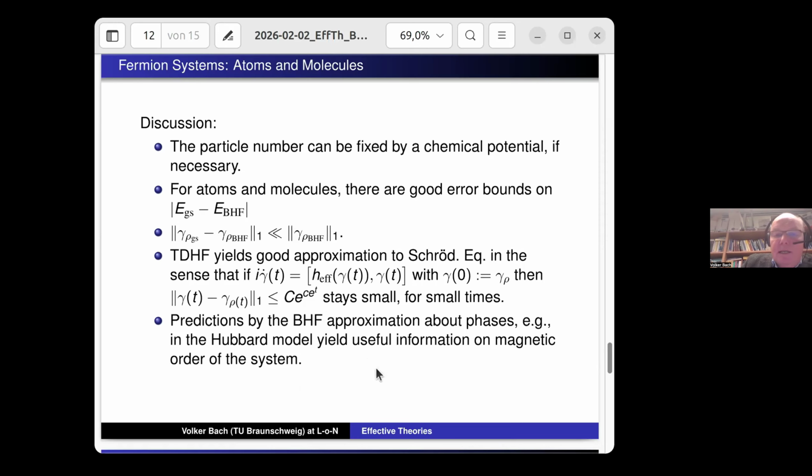So let me advertise a recent paper of Langmann and Jonas Lennartz, and then with other co-authors entering various papers, and they analyze, they give for some instances of the Hubbard model a full phase diagram by their analysis of the Bogoliubov-Hartree-Fock approximation.